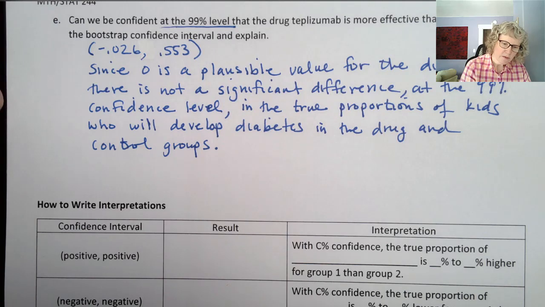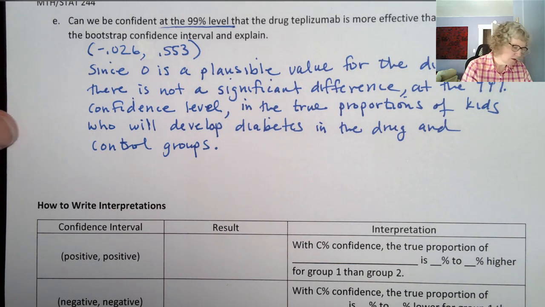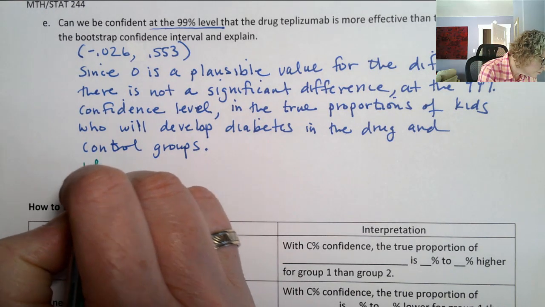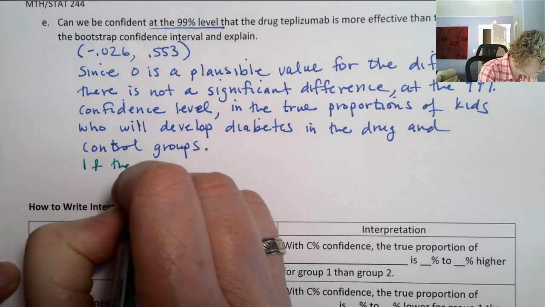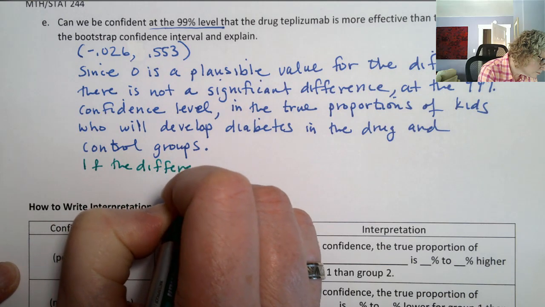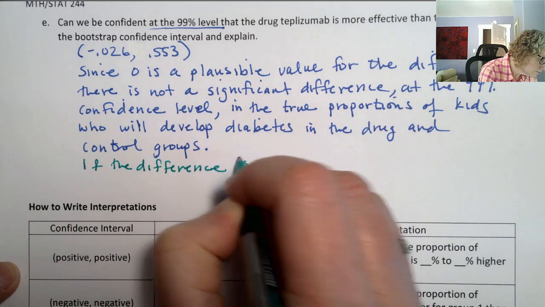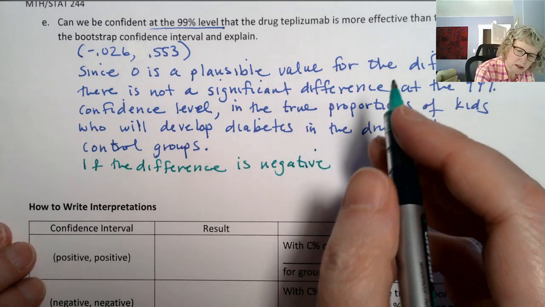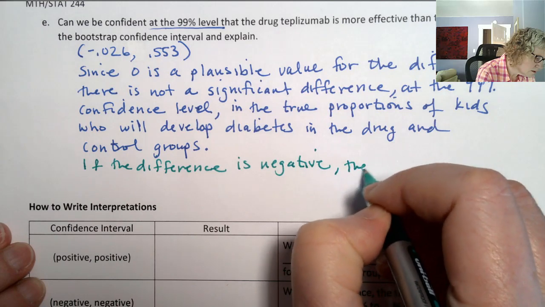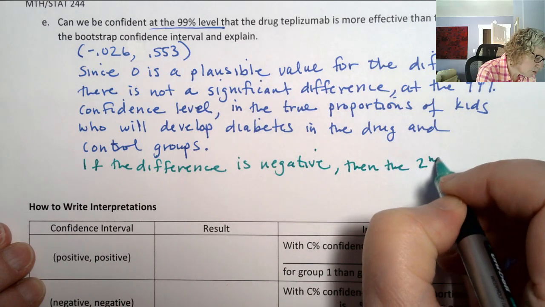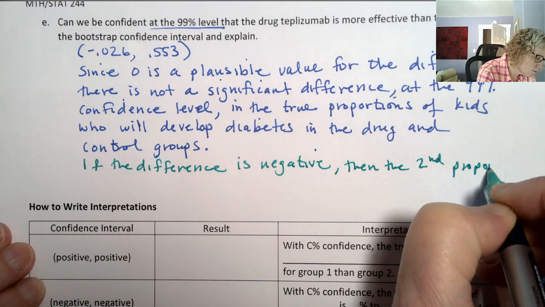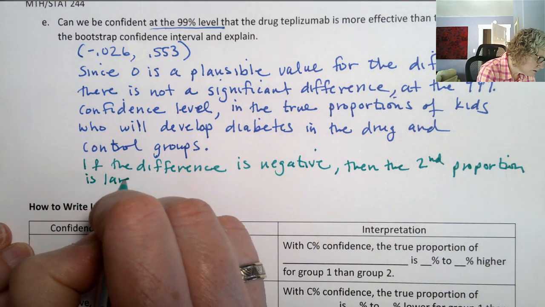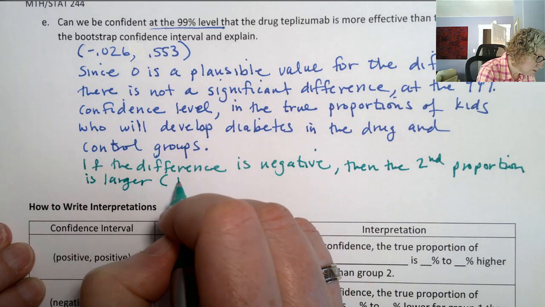Okay, so if the difference is negative, then the second proportion is larger, which in this case was the treatment group.